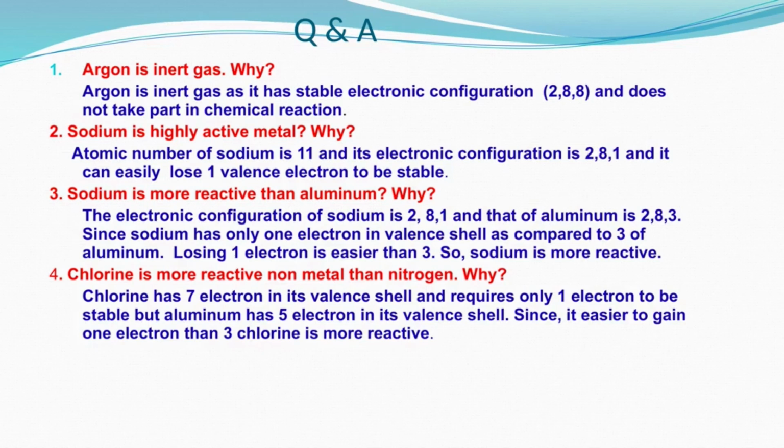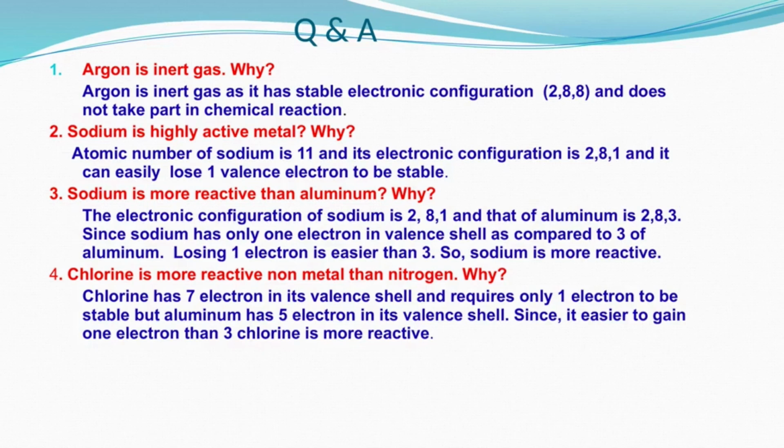Since sodium has only 1 electron in its valence shell compared to 3 of aluminum, and losing 1 electron is easier than 3, and the nuclear charge is also less in sodium than in aluminum, it is easier to lose an electron. So sodium is more reactive.